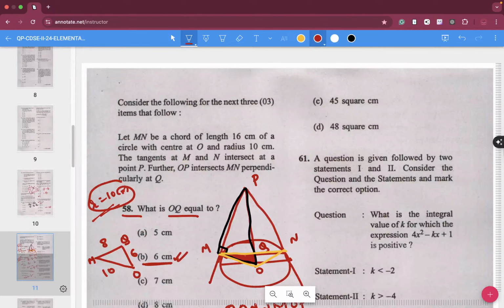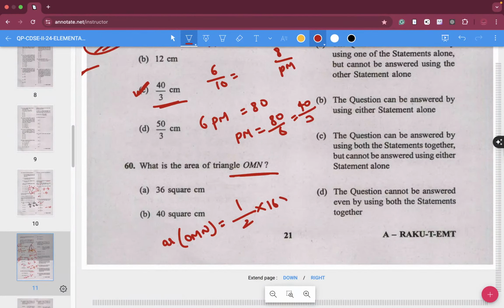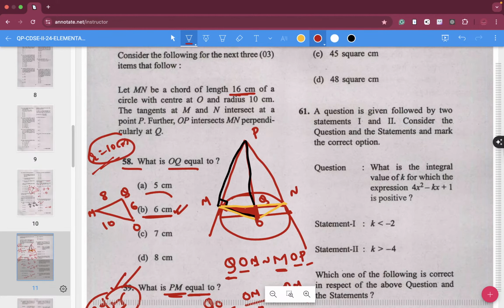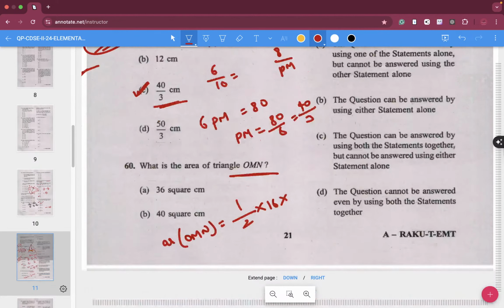Base is MN, and MN value they have already given us, 16. And we have also found out OQ, which is the height, which is 6. So this is 48 centimeter square.